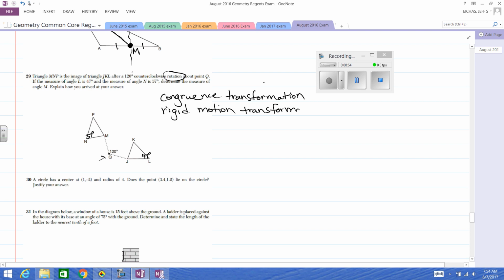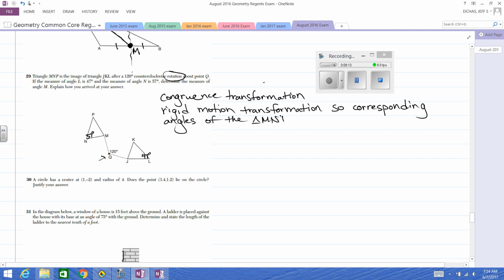So corresponding angles will be congruent of the image and pre-image.